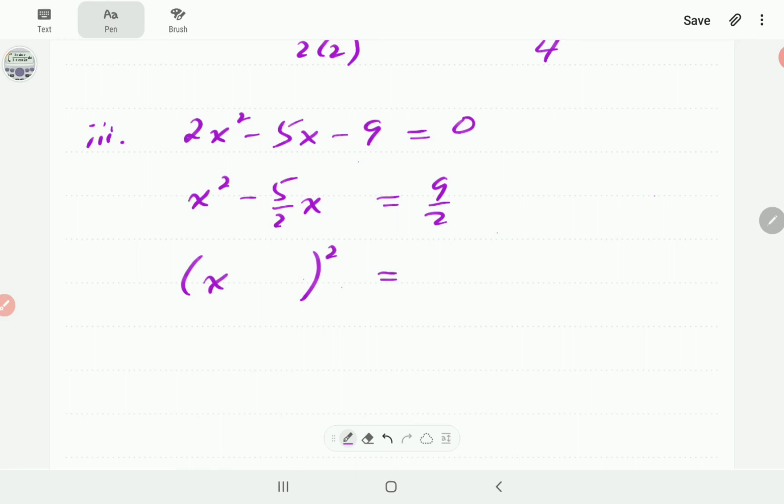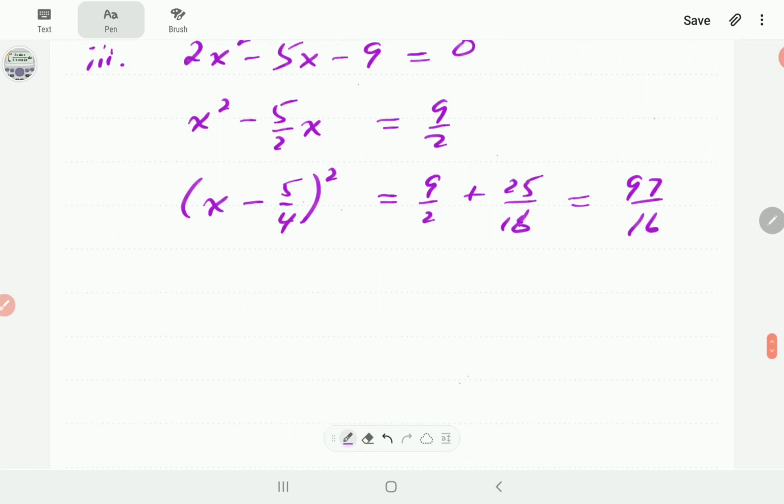That something is going to be x minus half of this number here, so it's going to be 5 over 4. Then on this side we add the square of 5 over 4, which is 25 over 16. Then 9 halves plus 25 over 16 is 97 over 16.